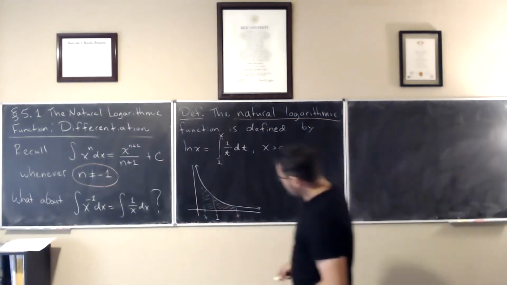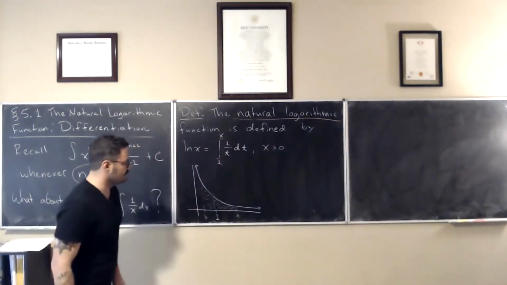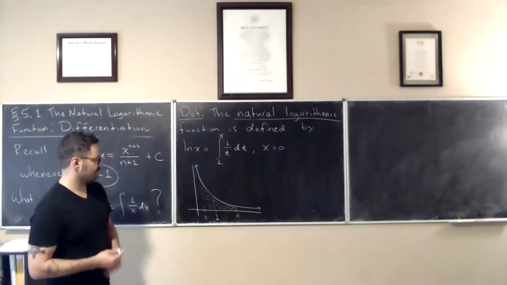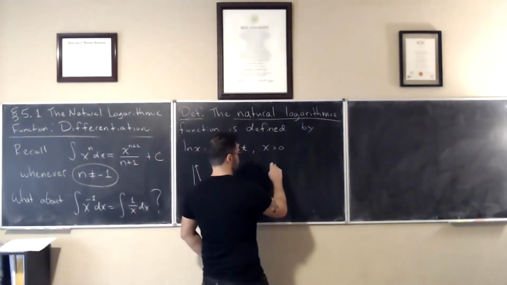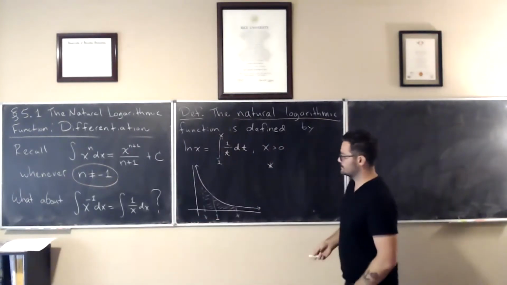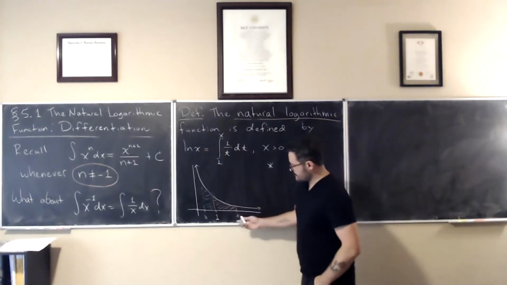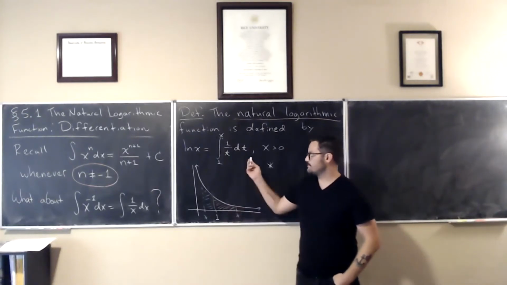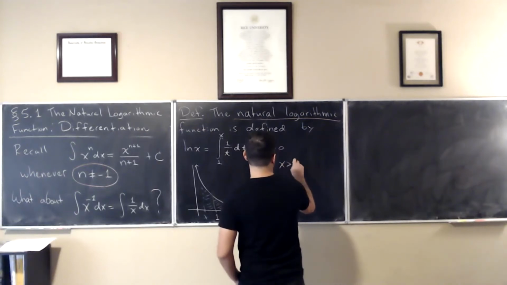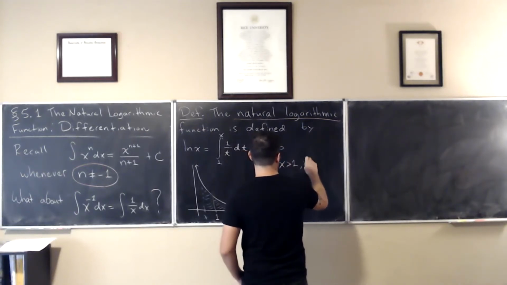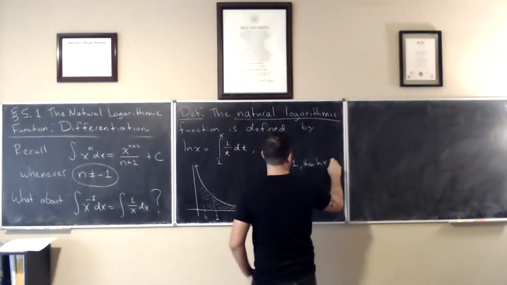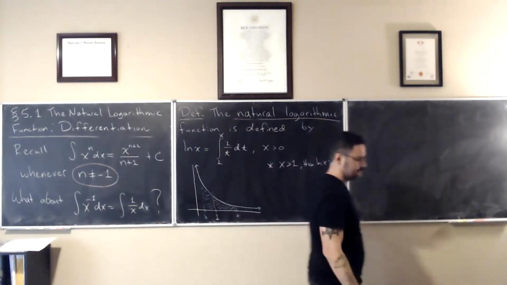So, okay, from this definition, we can just immediately observe a few things. These are just little points to make about this definition. First off, if x is greater than 1, then this is going to be a positive value. So if x is greater than 1, then the natural log is positive.